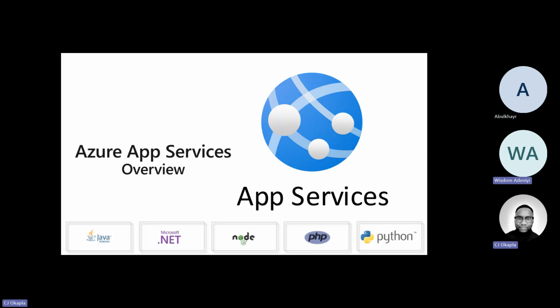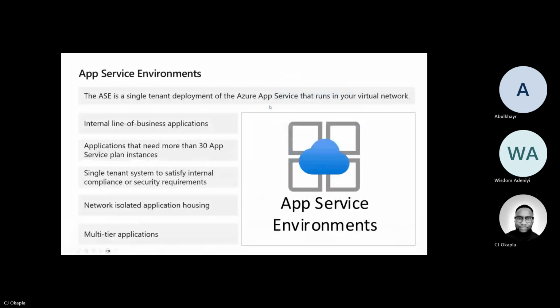We also have Azure App Services. We have Java-based, .NET-based, Node.js, PHP, or Python-based applications. We also have app service environments, for applications that need more than, say, 30 app service plan instances, and multi-tier applications.